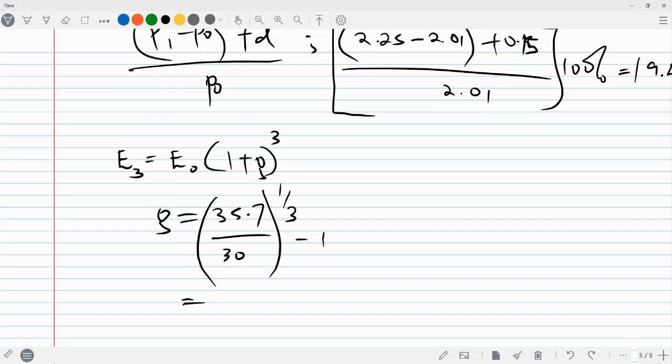Therefore, what's the G? It is 5.97%, which is more or less equal to 6%. That's a simple question which you can evaluate.